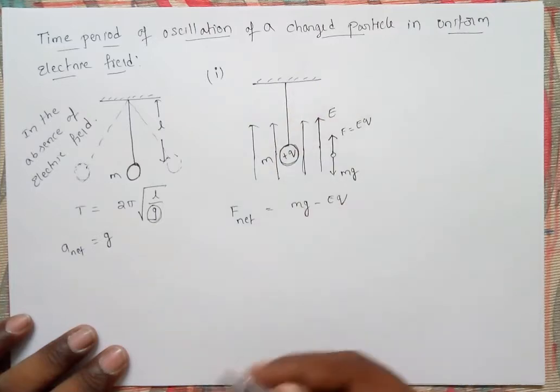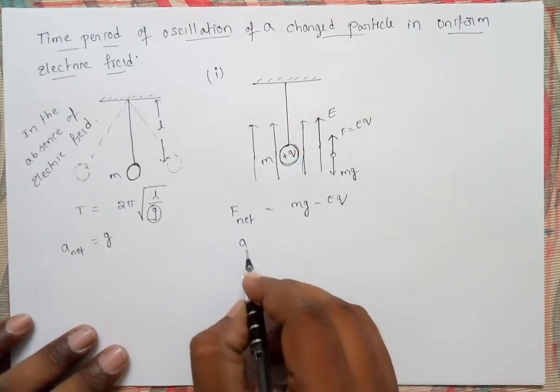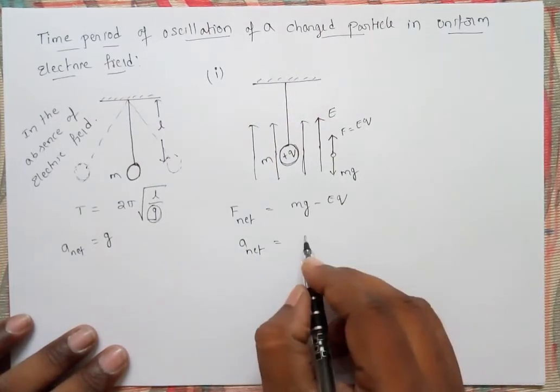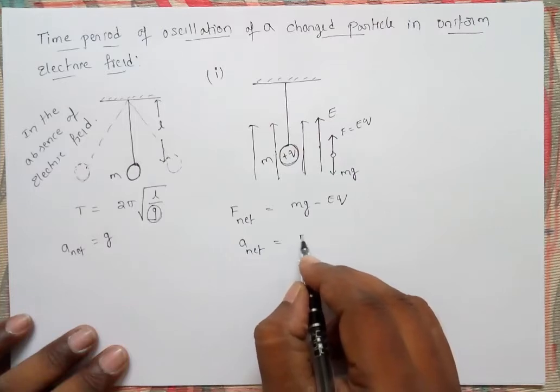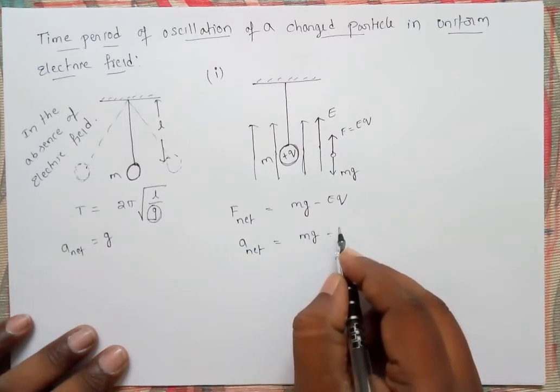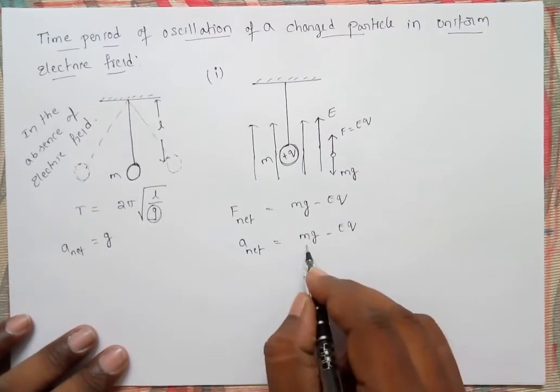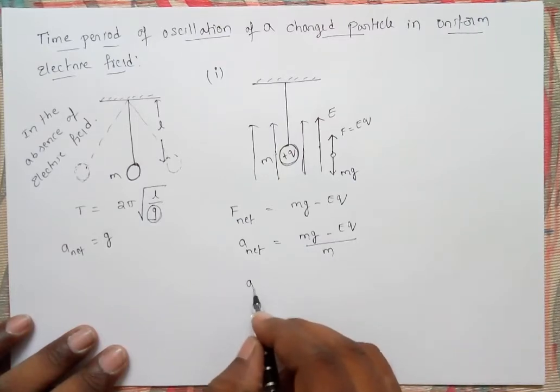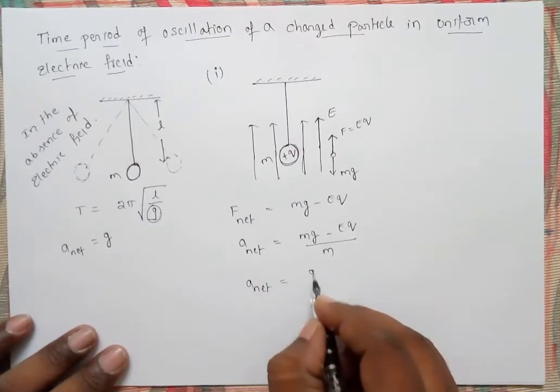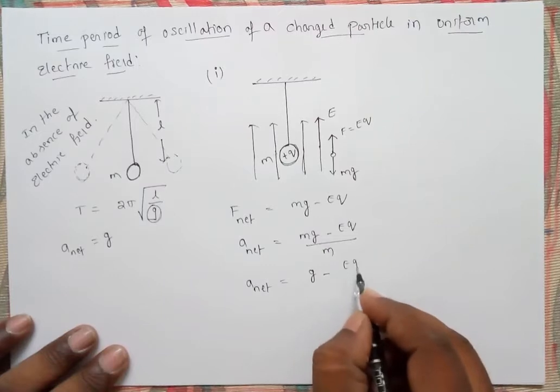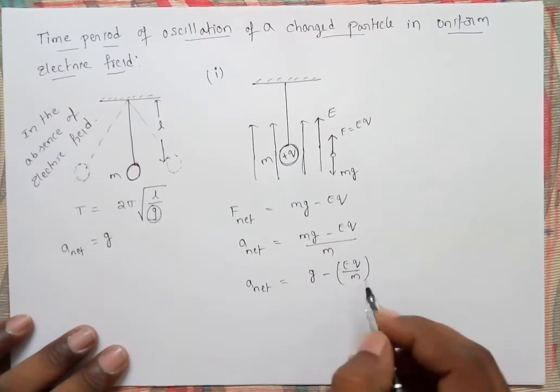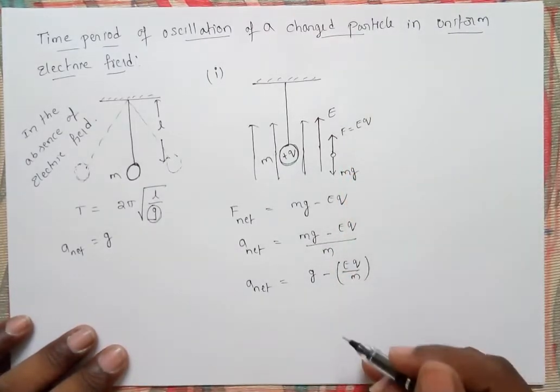The net acceleration downwards is A net equal to mg minus EQ by m, so A net equal to g minus EQ by m. This is the net acceleration downwards.